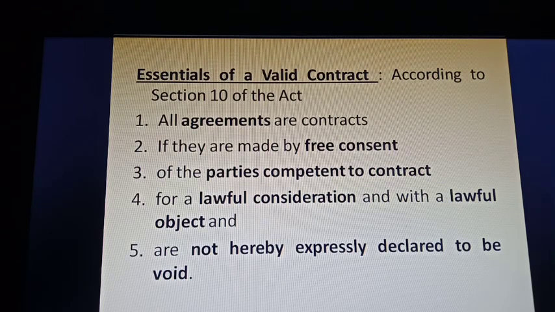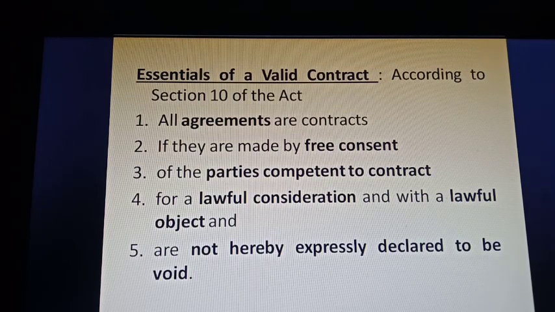And it must be made between the parties who are competent to contract. That means the parties to the agreement must be competent to contract, and the agreement must have been made for a lawful consideration and with a lawful object. That means the consideration involved in the agreement should be lawful, not unlawful, and the object involved must also be lawful.